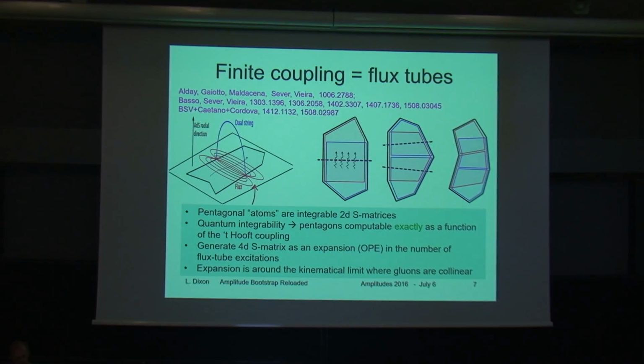At finite coupling, I won't say much about this in detail because Benjamin reviewed it very well two days ago, but there's a picture where everything is built up out of atoms, and the atoms are the pentagons, which correspond to essentially null Wilson n-gons, with various pentagons and some flux tube excitations that propagate between them.